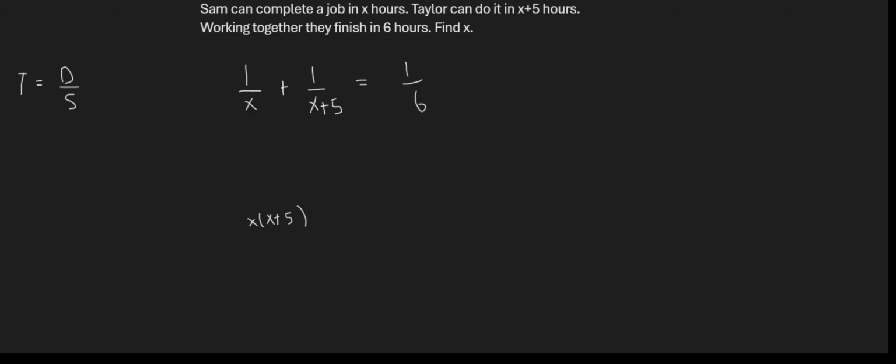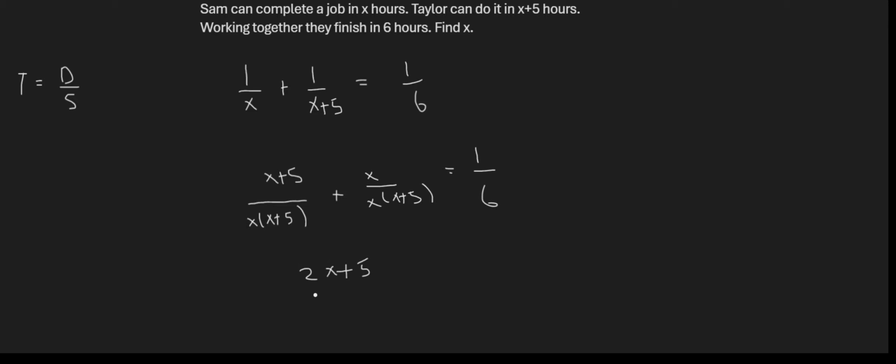Let me quickly fix that mistake. Shouldn't be a 1 there, should be x. Plus x over x plus 5. So x plus 5 over x times x plus 5, plus x over x times x plus 5 in parentheses, equals 1 over 6.